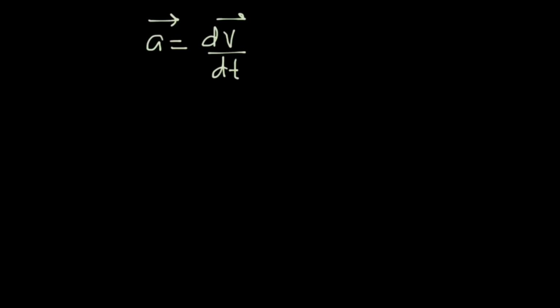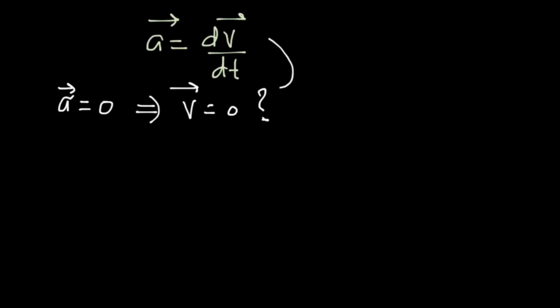So we just defined acceleration as the change in velocity upon the change in time. Let's see what this equation tells us. If I say acceleration is equal to 0 means velocity equal to 0. Is this true or false?